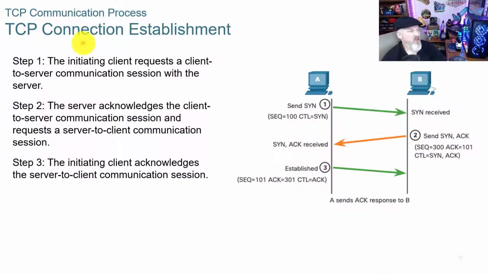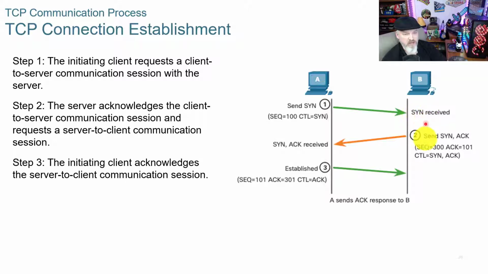When we have a connection establishment, we have a three-step process. It's called the handshake. The initiating client requests a client-to-server communication session with the server. So we send a SYN signal, and it gives a sequence. The server acknowledges the client-to-server communication session and requests a server-to-client communication session.